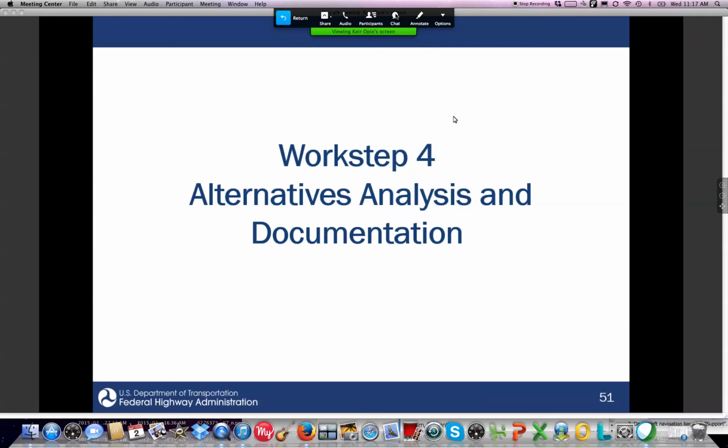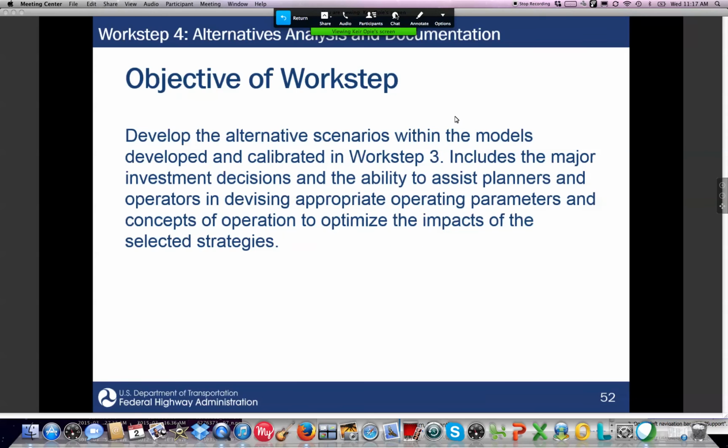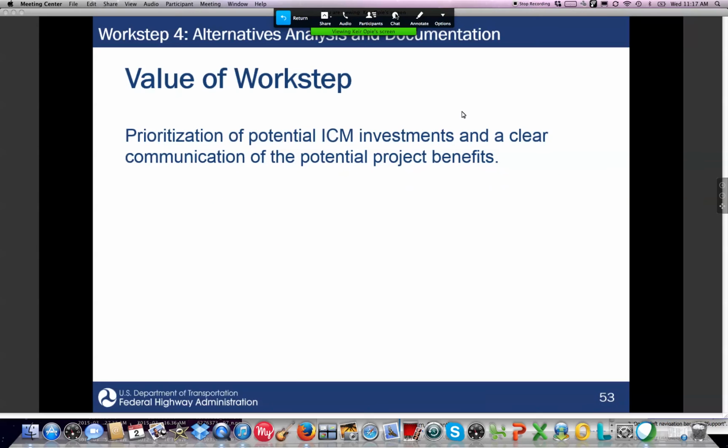Step 4 is actually fairly straightforward, but actually looking at the alternatives analysis, doing all of those what-if scenarios. And this is really where you go back to your analysis plan and say, this is what we said we were going to test. We push forward, we use the model to test it, to make sure that we're comfortable with the model and to try to get those various different sets of benefits that we have coming out of it.